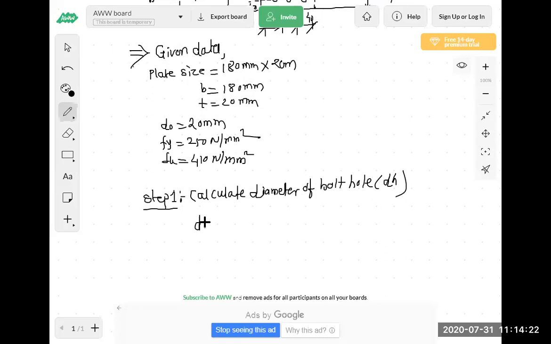So how much diameter of bolt is given? D naught plus, how much we have to add? The diameter of bolt is 20 mm they have given. So we have to add 2 here. So 20 plus 2 is equal to 22 mm is the diameter of bolt hole.